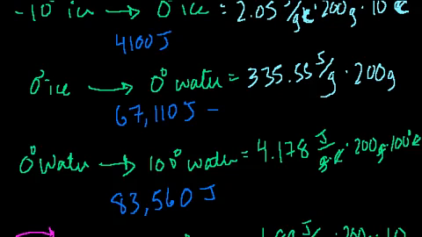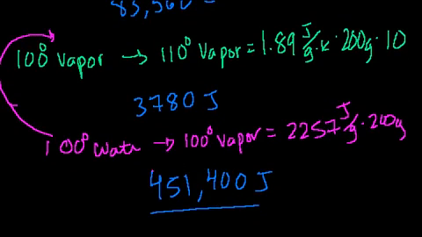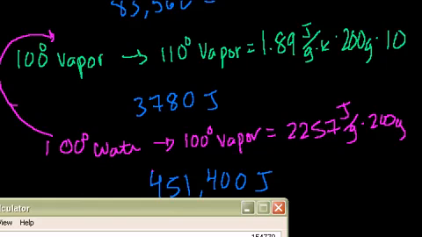So we're at 154,000 right now, just to get to 100-degree water. And then we need to turn that 100-degree water into 100-degree vapor. So you add the 451,400, which is equal to 606,000.